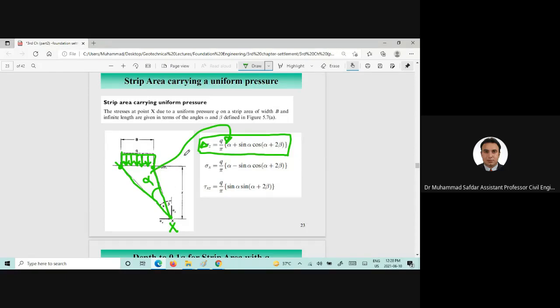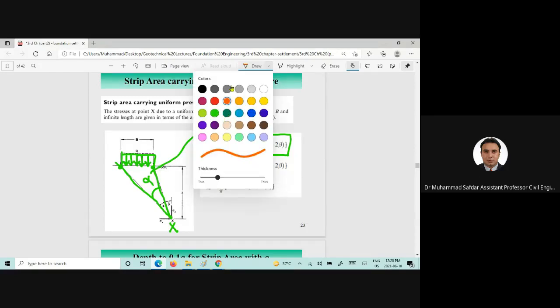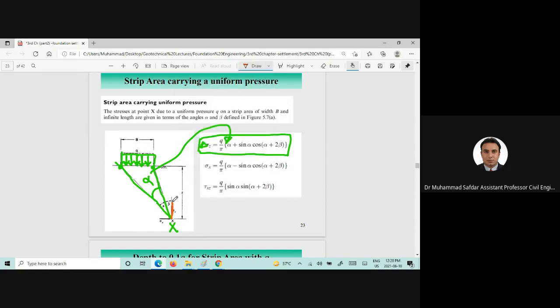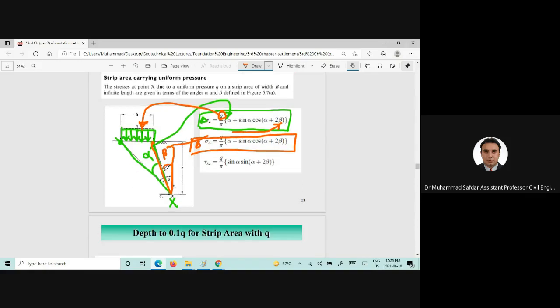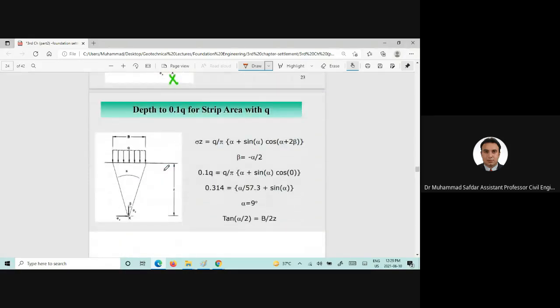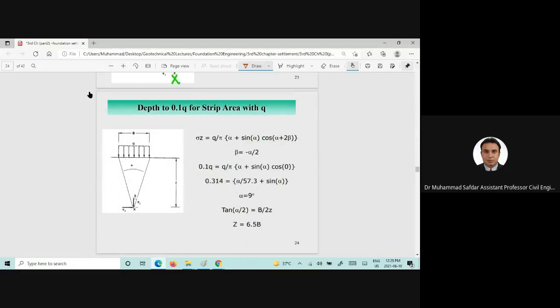Now, if we draw a line here and start another line from this right corner, the angle here will be beta. Given Q, you can find delta sigma z and delta sigma x using these equations.